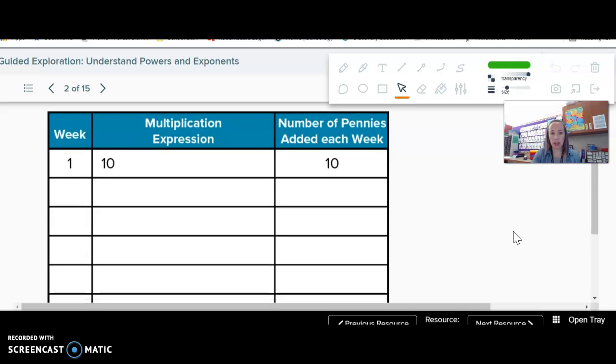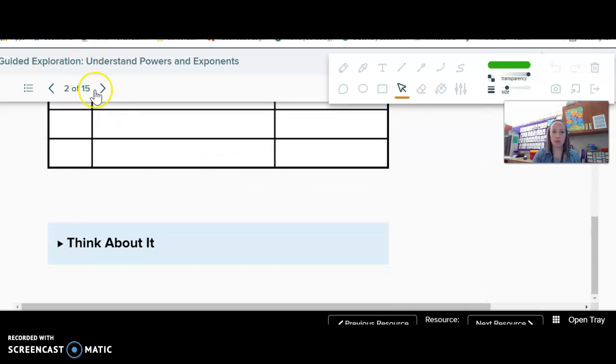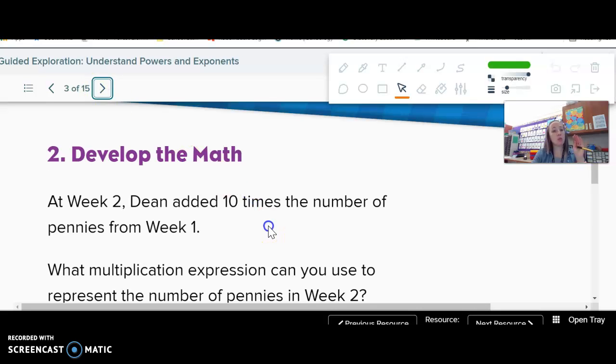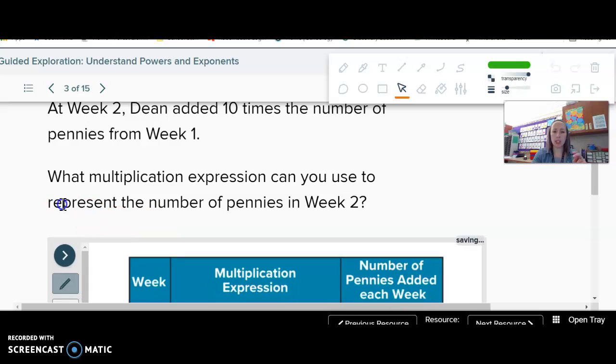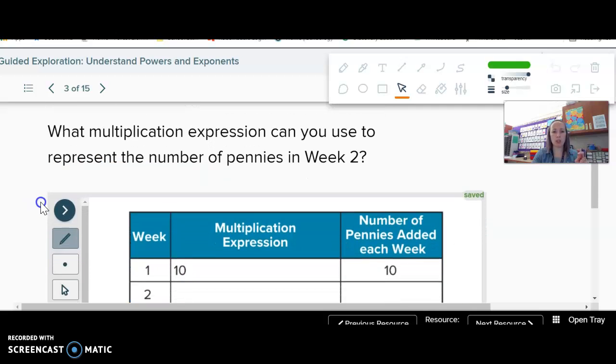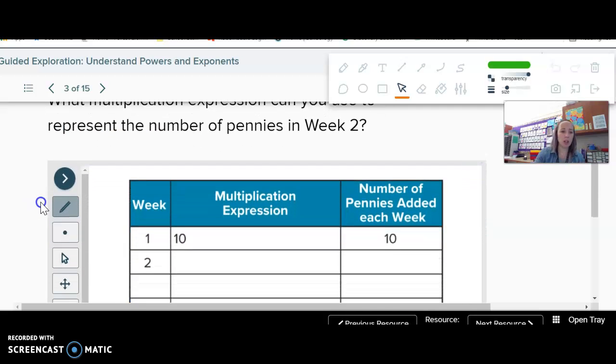So that was how many he added that week. The multiplication expression is just 10 for this week. But then in week 2, he added 10 times the number. So what multiplication expression can you use to represent the number of pennies? If I say he had 10, well, he had 10 times more than the previous week.